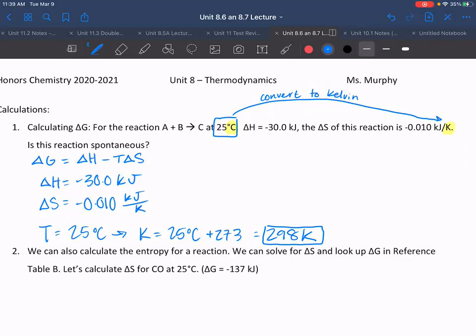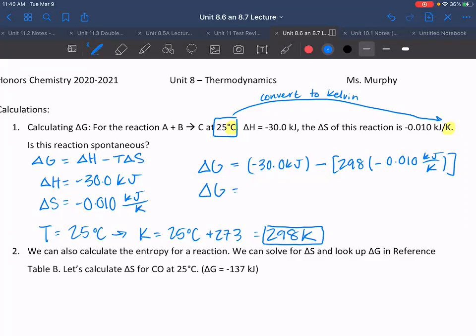Okay, so is this reaction spontaneous? So if we plug everything in, that means we have negative 30 minus 298 times negative 0.010 kilojoules per Kelvin.